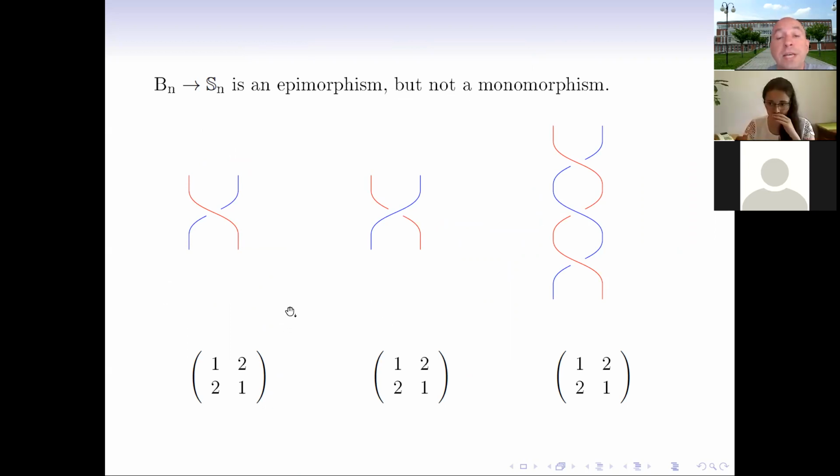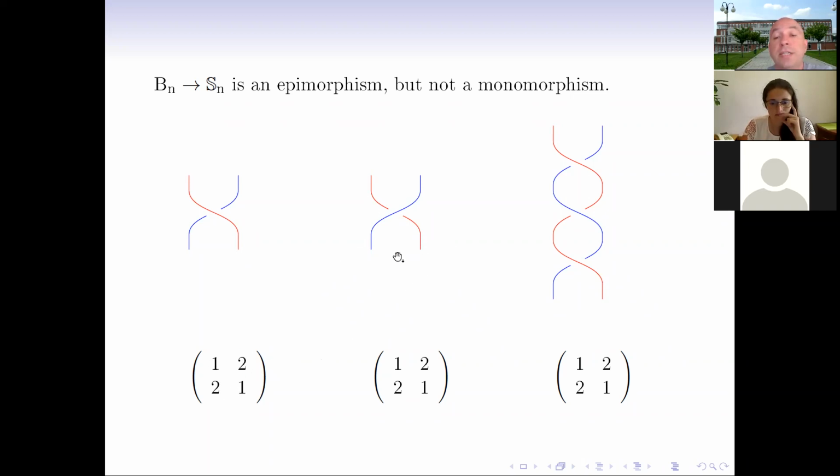So for instance, if we take one braid, we can take two braids, which are sigma 1 and sigma 1 inverse in the previous notations, and both will cover the flip, the permutation of 1 and 2.